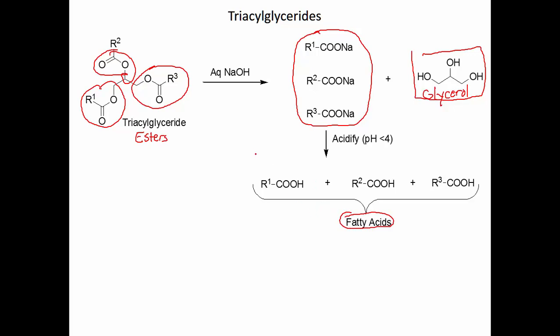Okay, this process here, it actually has a name, this reaction, saponification. Okay. And this is how soap was made for many years. Okay, we talked a little bit about soap and detergents in the carboxylic acid chapter, but you take a naturally occurring fat and you hydrolyze it under basic conditions, and you generate a mixture of the sodium salts of the fatty acids and glycerol.